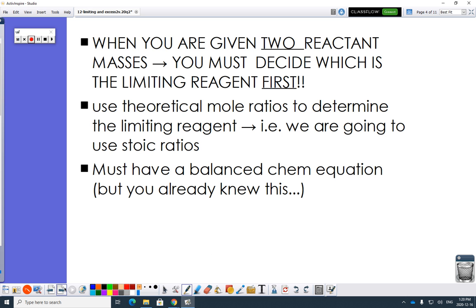So we're going to do the same thing that we just did. If you're given masses, you have to change those into moles first. So we are going to use stoich again, and then you can use the stoich ratio to figure out which the limiting reagent is, and also to figure out how much product you get. We already basically did this, except now we have two.